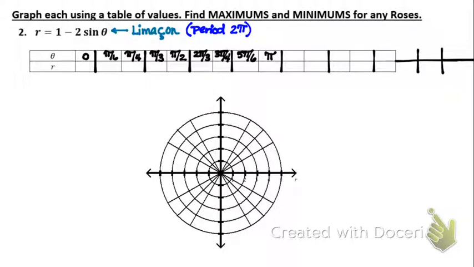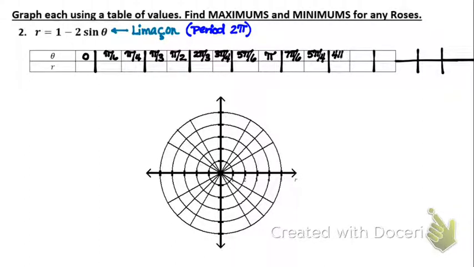What comes after pi as I'm counting around my unit circle? 7 pi over 6. 5 pi over 4. And then 4 pi over 3.